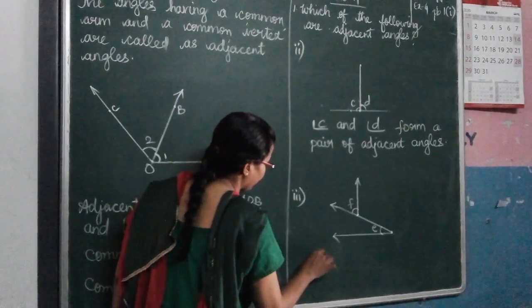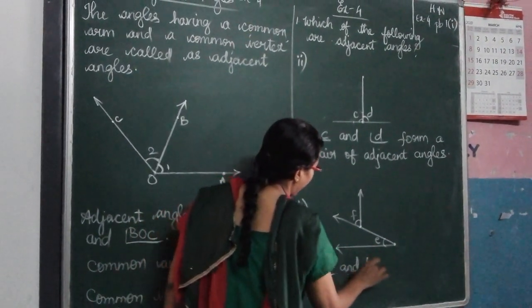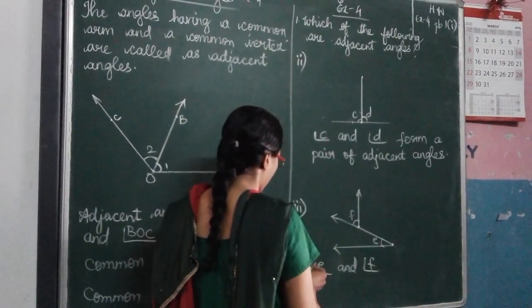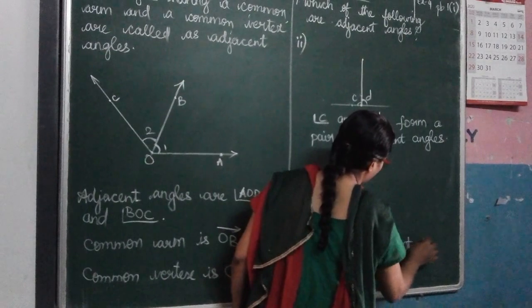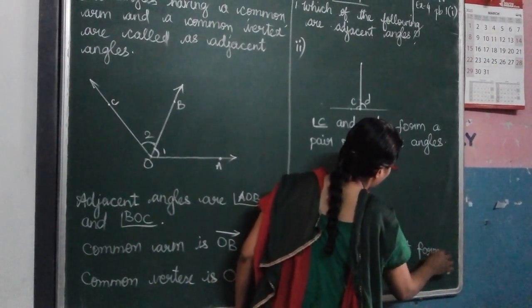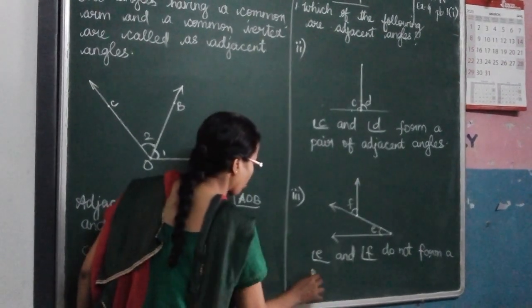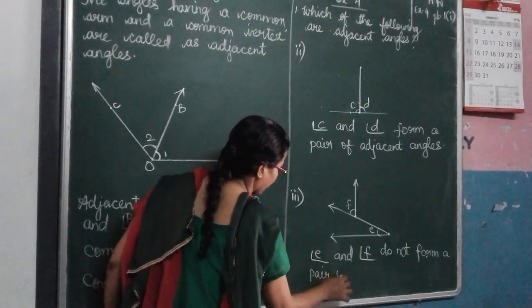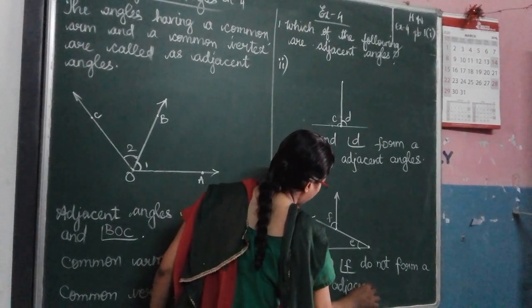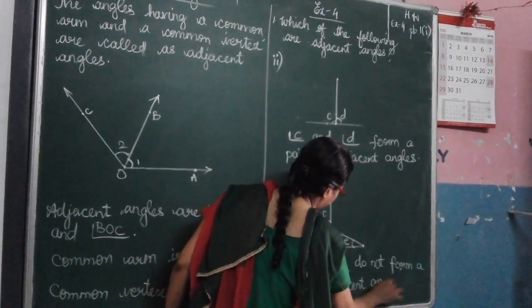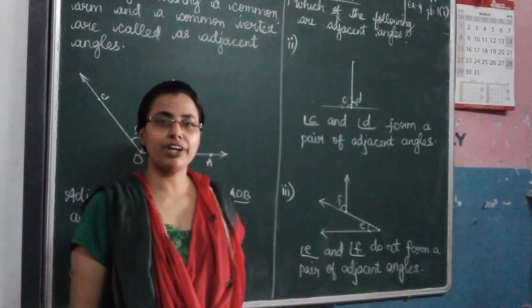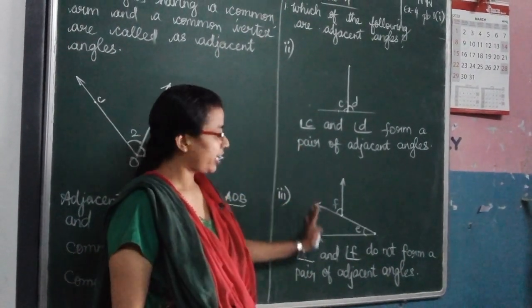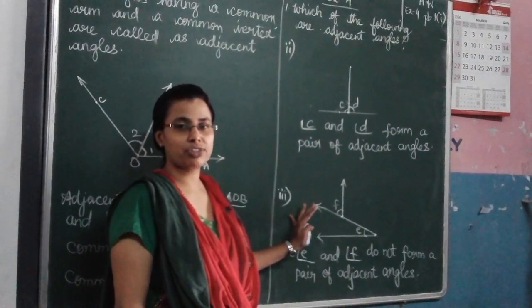Angle E and angle F do not form a pair of adjacent angles. Now copy this in your class book, children.